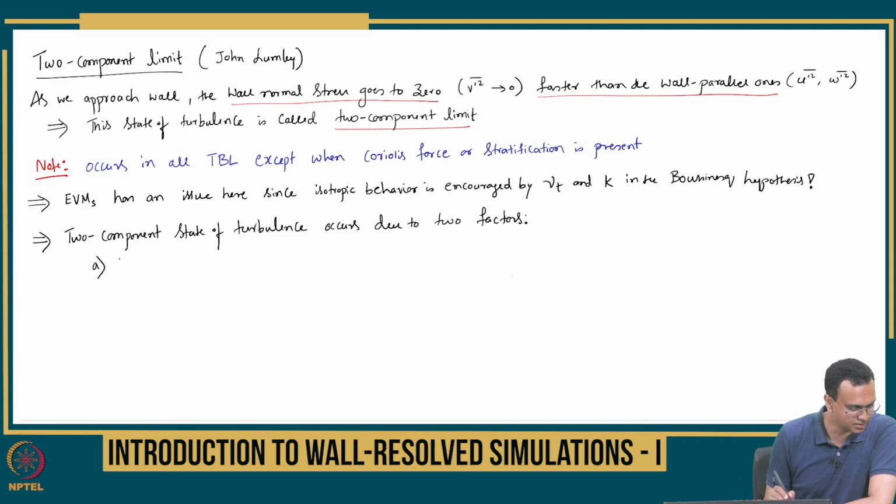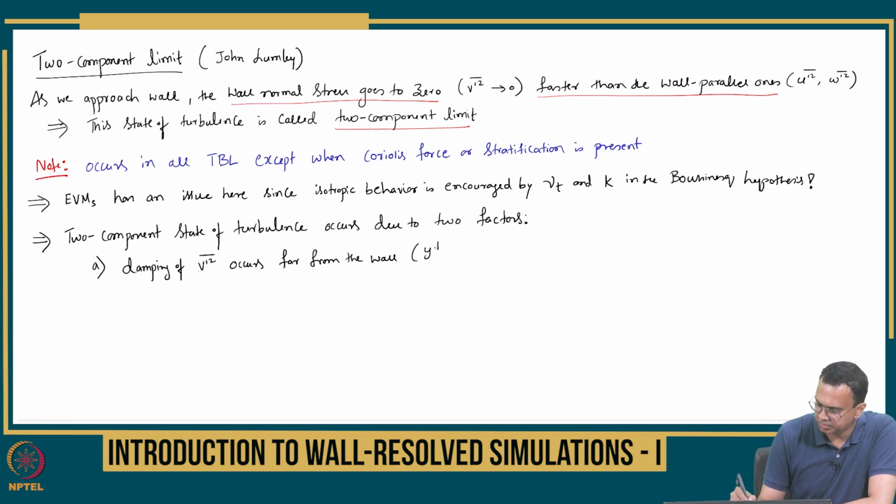So first thing is damping of V prime square bar occurs far from the wall, that is, you can say at y plus less than approximately equal to 200.